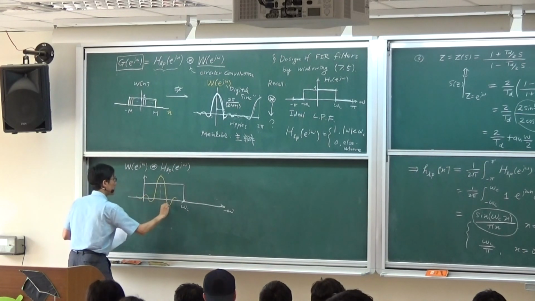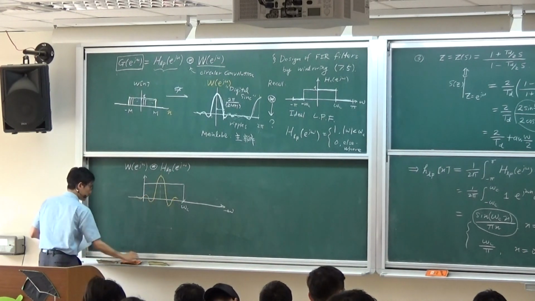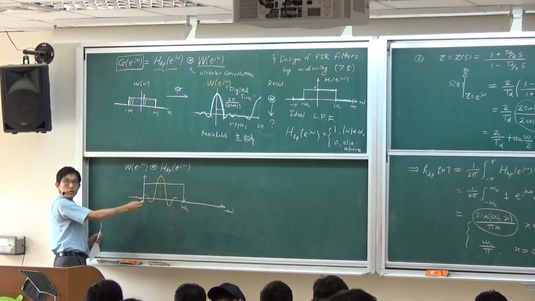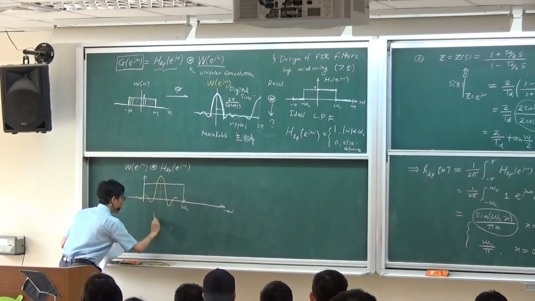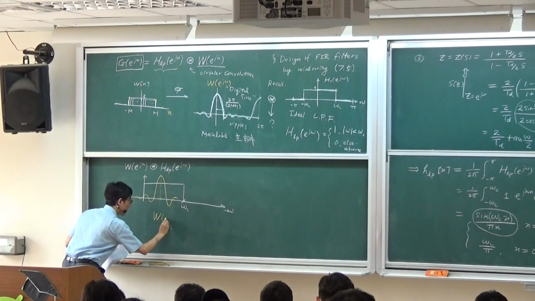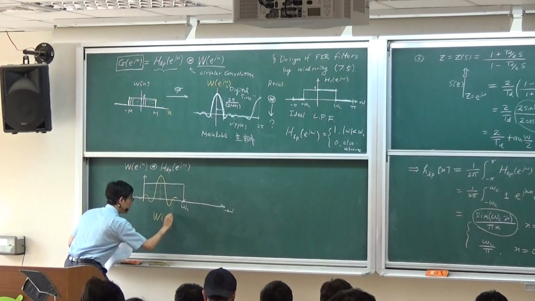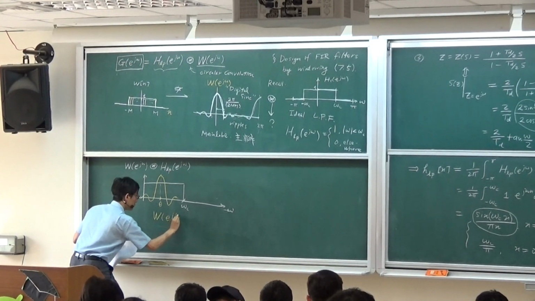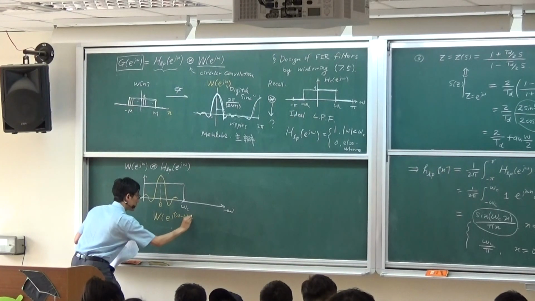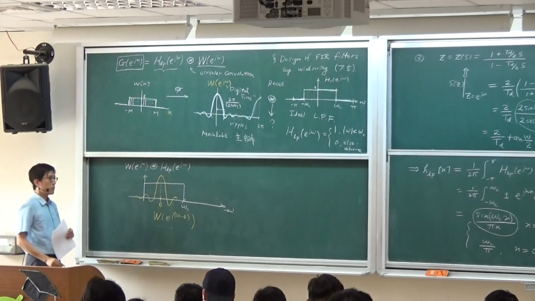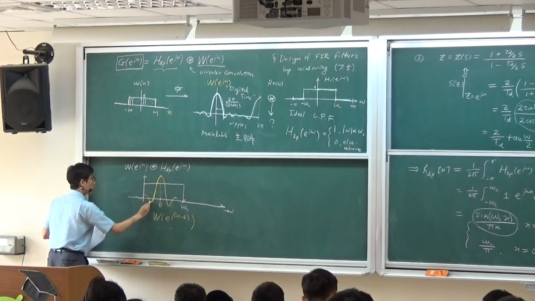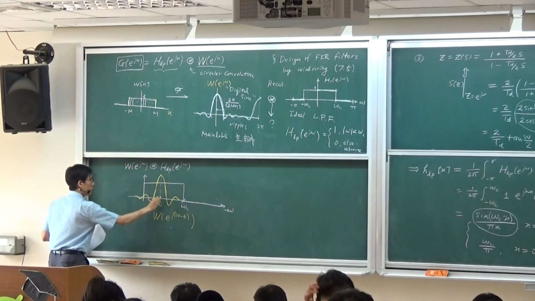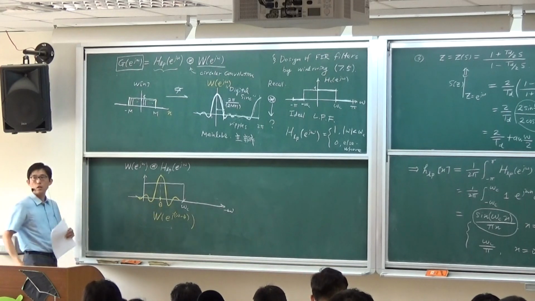So this yellow copy here is the window transform, the Fourier transform of the window shifted in frequency.